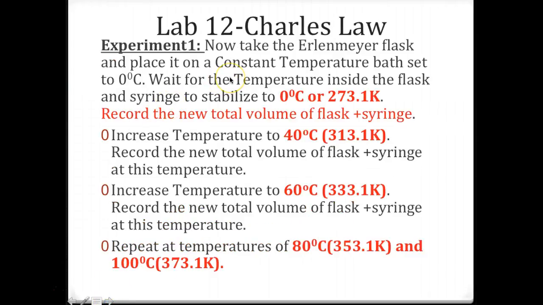Now you're going to place it in a constant temperature bath set to 0 degrees centigrade. So 0 degrees centigrade is 273 Kelvin, or 273.1 Kelvin to be more precise.